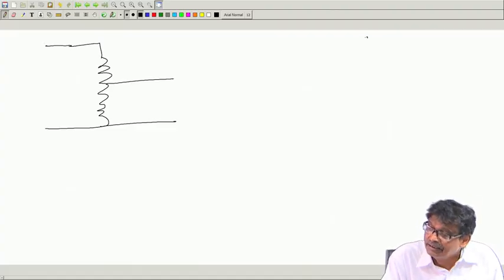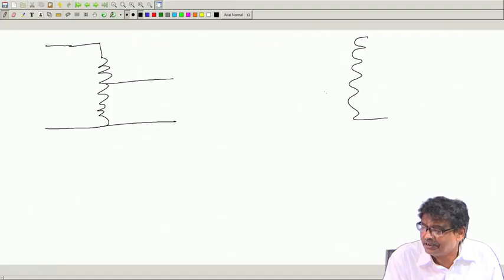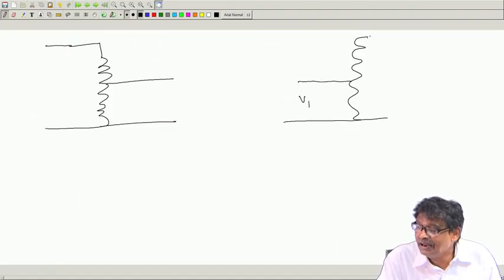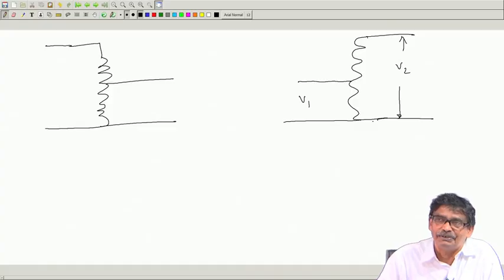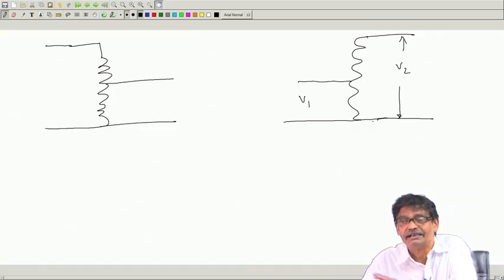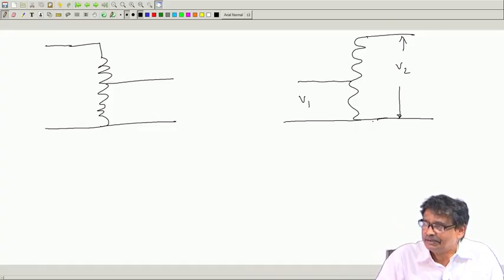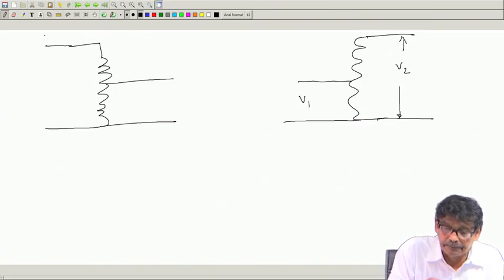Suppose I say derive whatever things I have done, if I apply a voltage here and secondary voltage is V 2, whether still copper savings will be there. Anyway, primary and secondary can be interchanged, that way you can always argue. Okay.